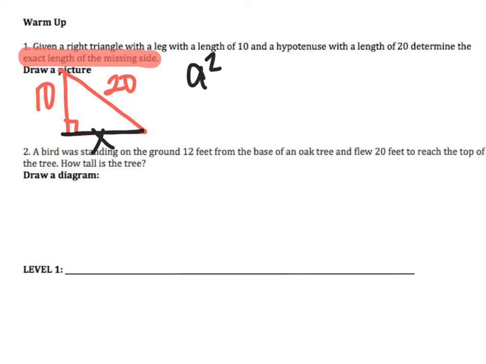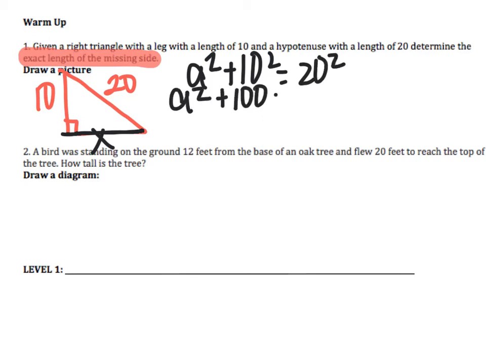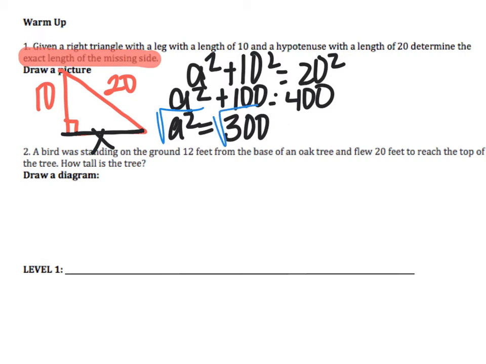So let's just do a squared plus 10 squared equals 20 squared. A squared plus 100 equals 400. And then subtracting 100 from 400, you're going to get 300. And when you square root that in your calculator, you're going to get a decimal, which tells me that I need to simplify it and break it down using a tree.